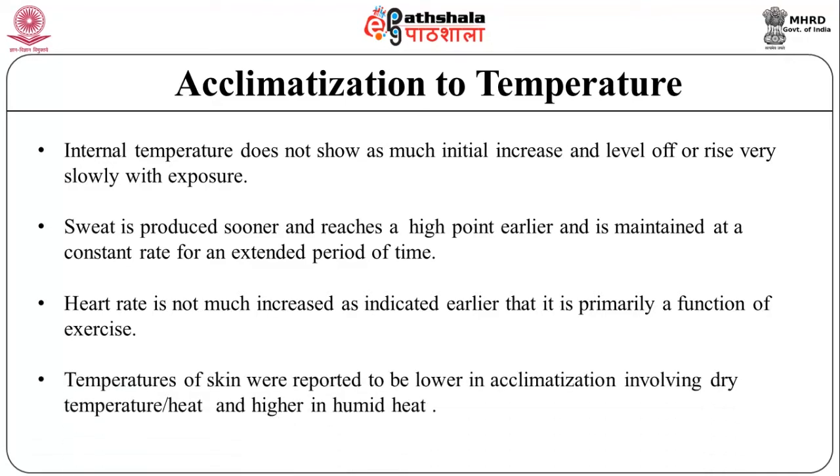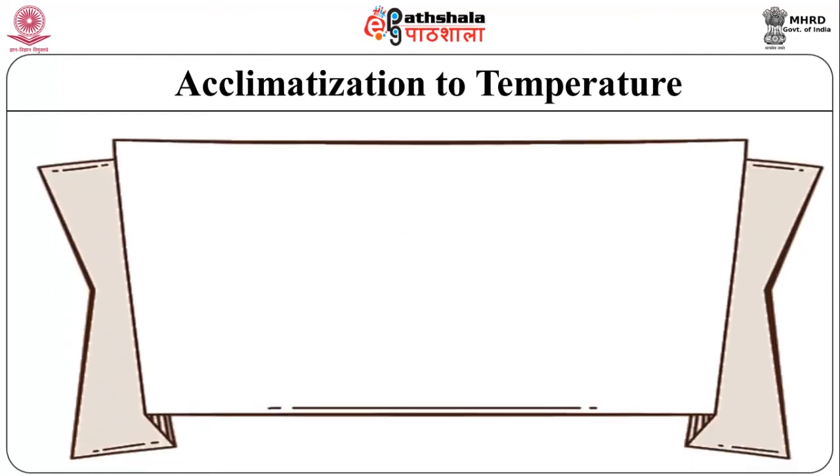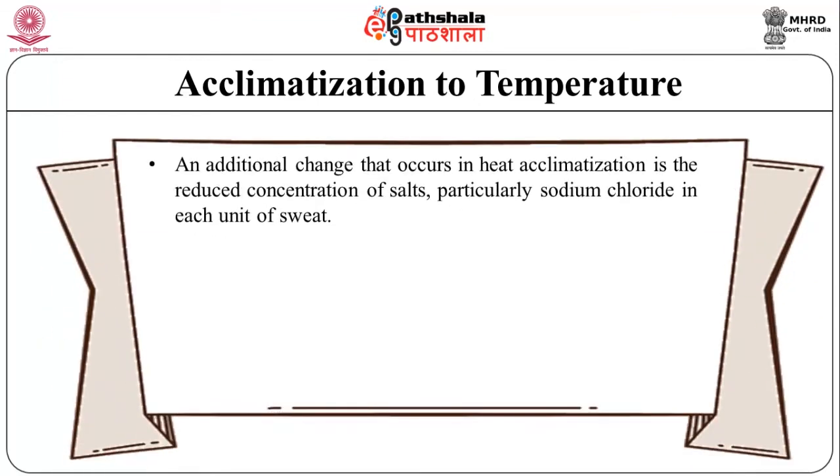Temperature of skin was reported to be lower in the acclimatization involving dry heat and higher in humid heat. Now, an additional change that occurs in heat acclimatization is the reduced concentration of salts, particularly sodium chloride, in each unit of sweat.